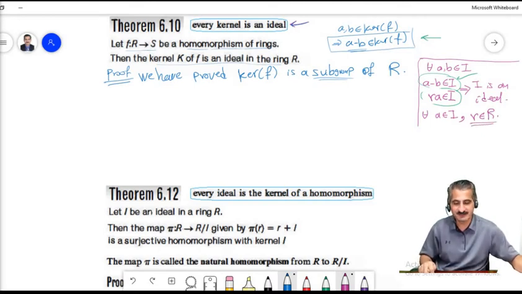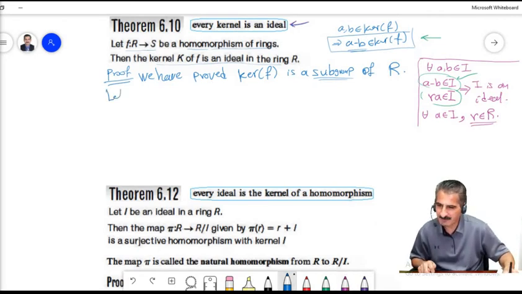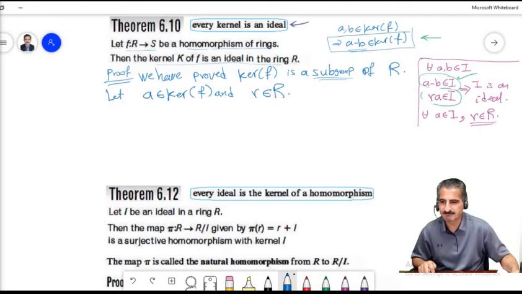Correct? Okay. So let's do that. Let a be any element in the kernel of f, and let r be any arbitrary element in the ring R. Correct?